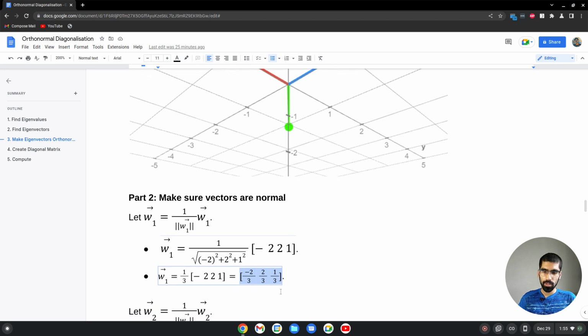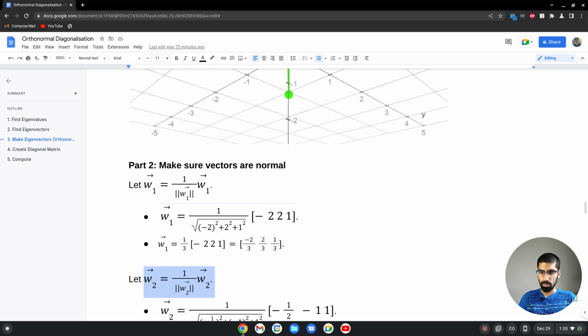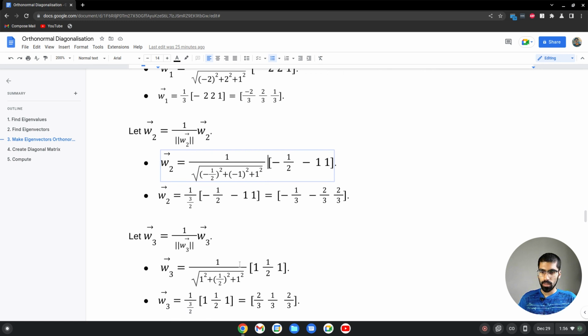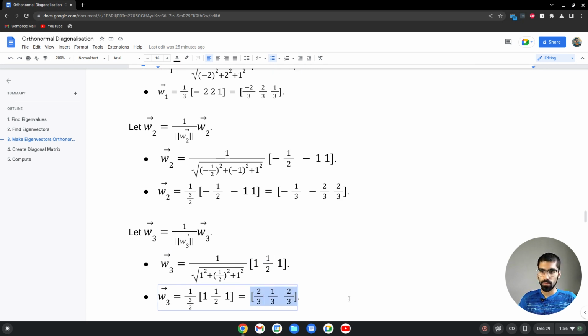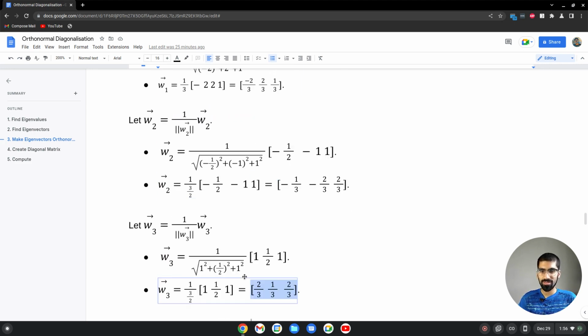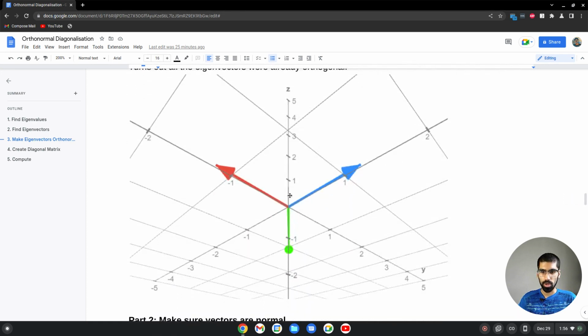Same thing with W2, we get this instead of the original. And last with W3. This was the original, and here's what it is after normalization. So now you see we have orthogonal vectors, except they're smaller compared to what they were before.